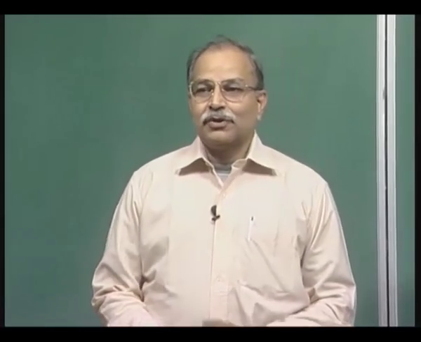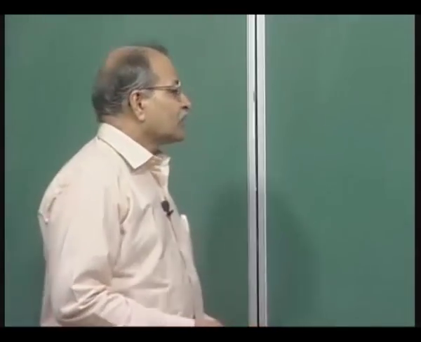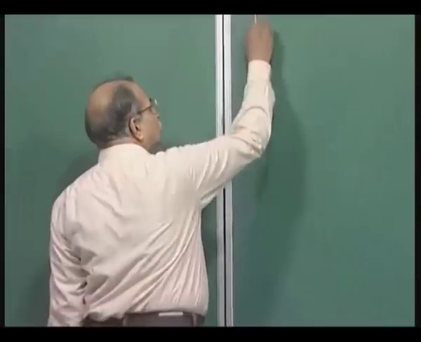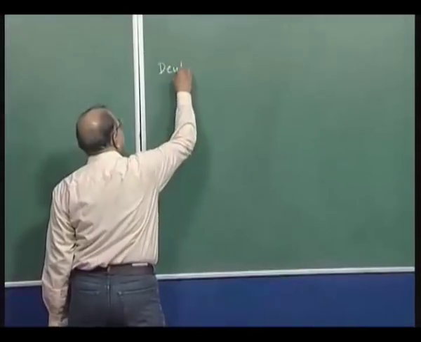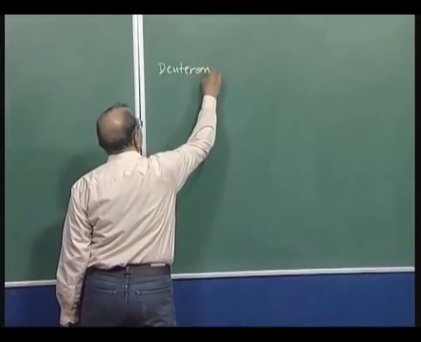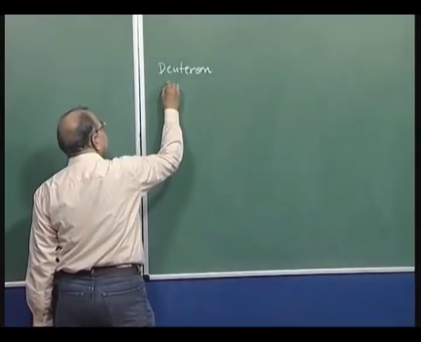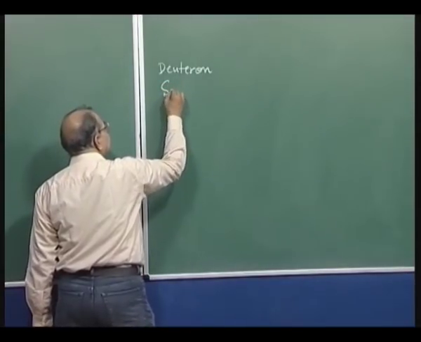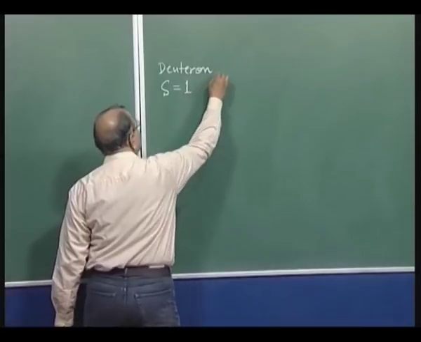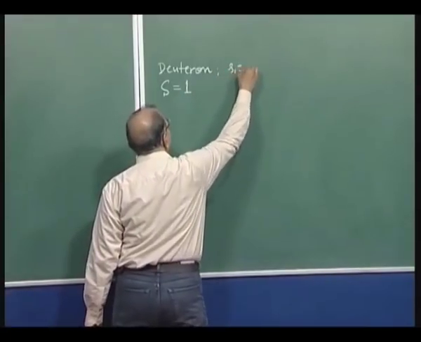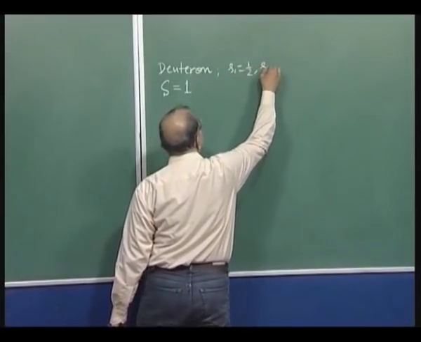Okay, so what we did last time was the deuteron bound state, and we saw that this capital S has to be 1. You have two particles, S1 is equal to half and S2 is equal to half.